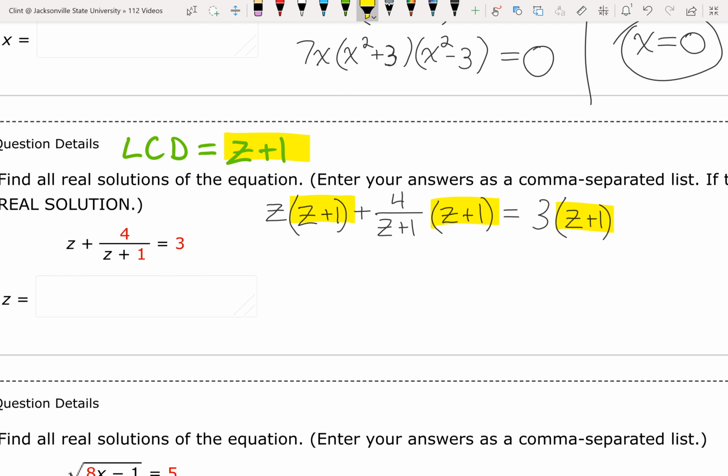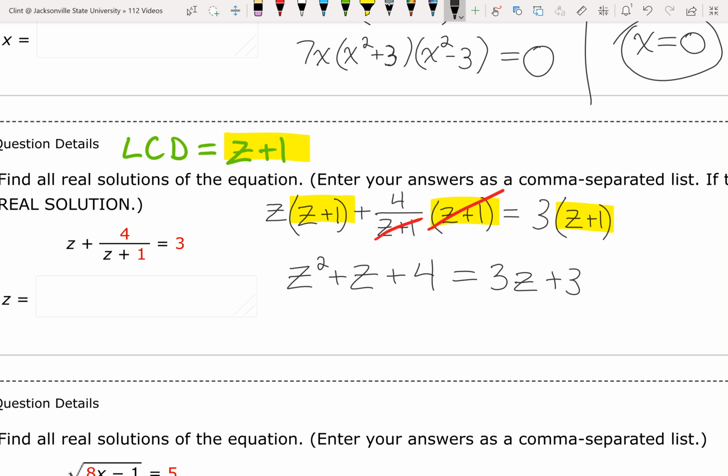Then we start simplifying. In the first term, we're doing distributive property, so we get z squared plus z. In the second term, we've got z plus 1 on the top and z plus 1 on the bottom. Those cancel, leaving us with just plus 4. On the right side, we have distributive property, so we get 3z plus 3.